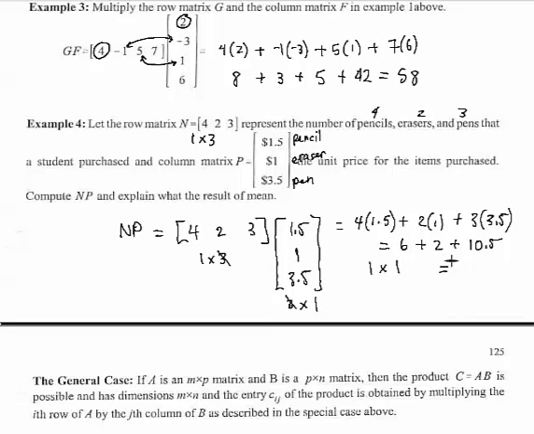We add all of this up and we get $18.50, a single number. That's what happens when you take a row matrix and multiply it times a column matrix. You get a single number.